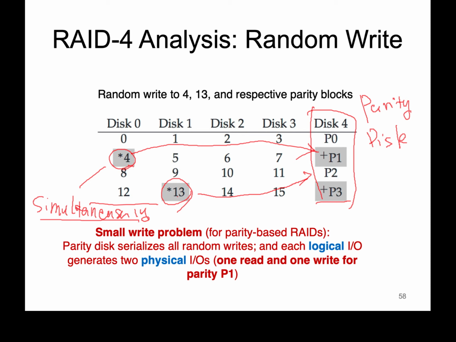In order to update logical block number 4, you have to first read parity 1. This is essentially a small write problem. In order to update this parity disk, you need to first do a small read to verify this parity value, followed by a small write.